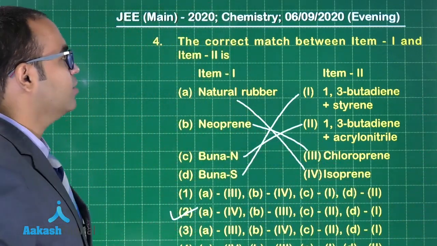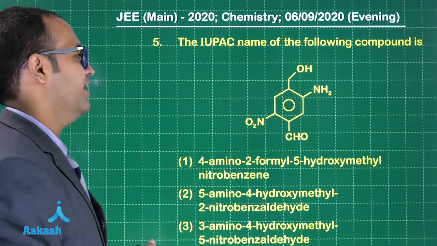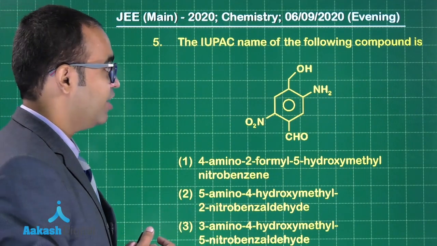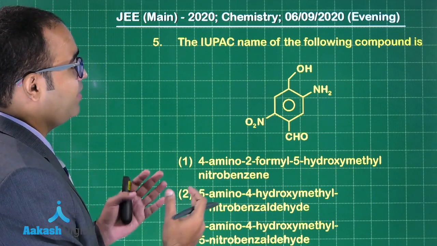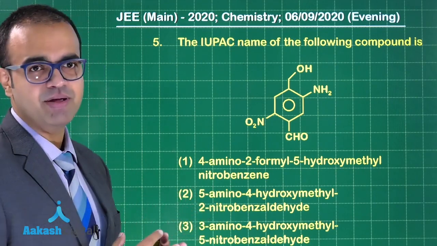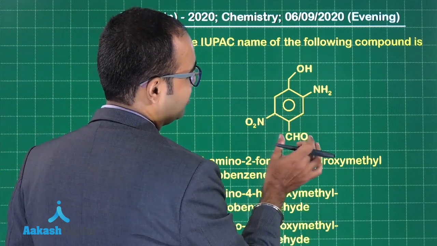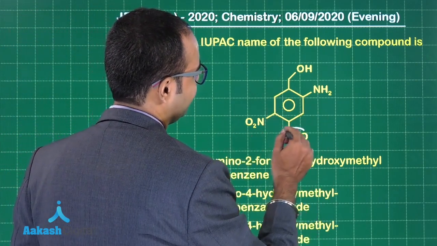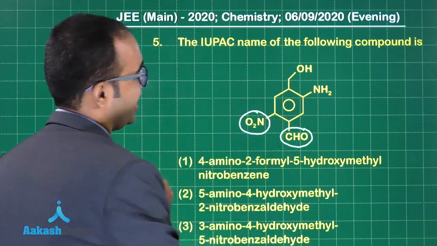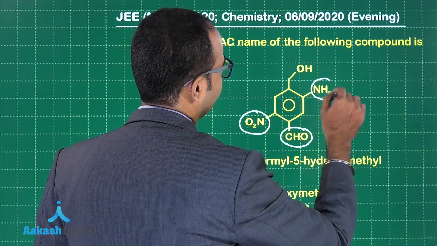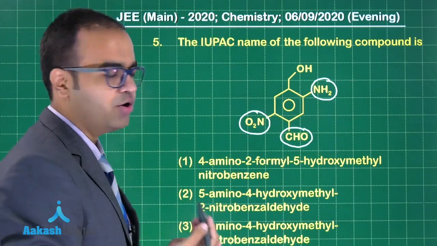Let us look at question number 5, guys. IUPAC name. Okay. So one of your favorite questions because you have practiced IUPAC a lot, and when it appears in the exam you feel really happy about it. Okay, so what we have: a functional group, that is we have a CHO, a NO2 and a NH2. So priority wise, who will be given more priority?